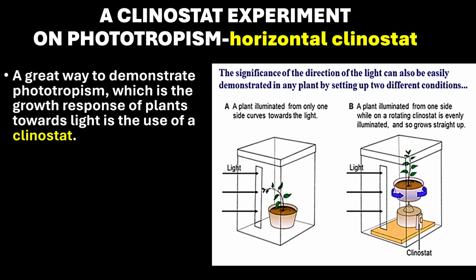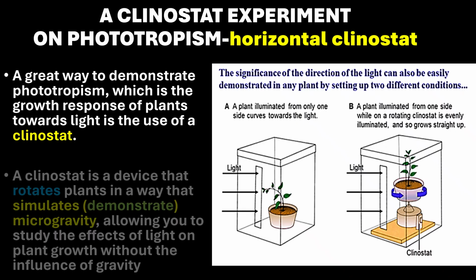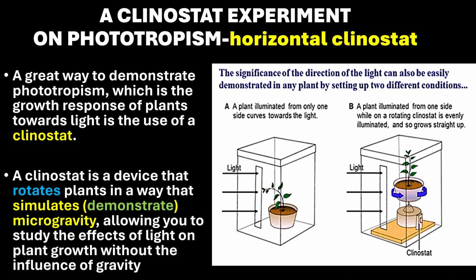So we need to explain. This method is one of the wonderful ways of demonstrating phototropism, which is the growth response of plant towards light. And here, a clinostat is being used. A clinostat is a device that rotates plants in a way that simulates microgravity.